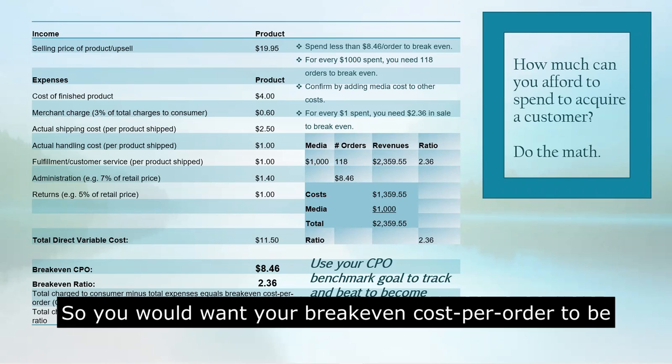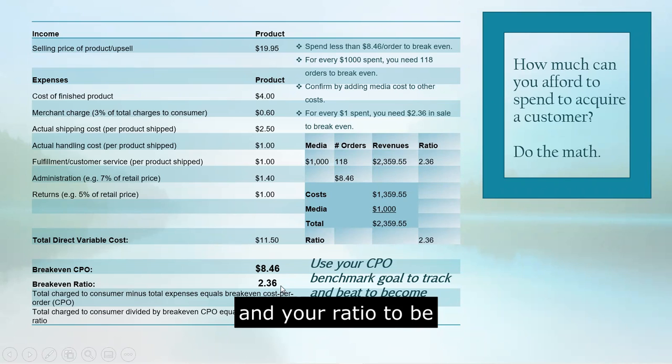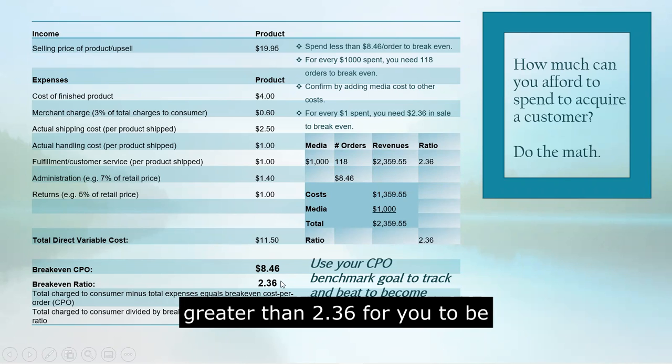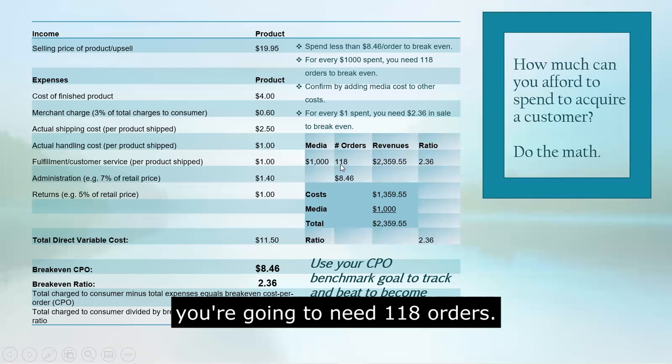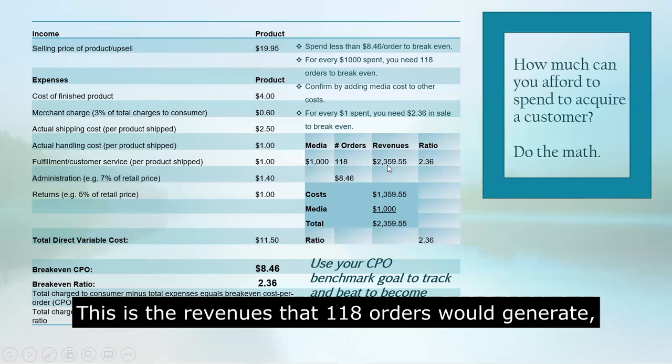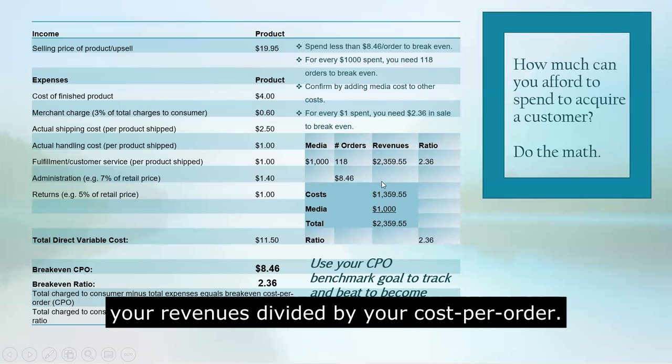So you would want your break even cost per order to be less than $8.46 to be profitable, and your ratio to be greater than 2.36 for you to be profitable. So what you're thinking about here is for every $1,000 you spend, you're going to need 118 orders. This is the revenues that 118 orders would generate, and that's what creates that ratio. So you know what your cost per order is and what your ratio would be.